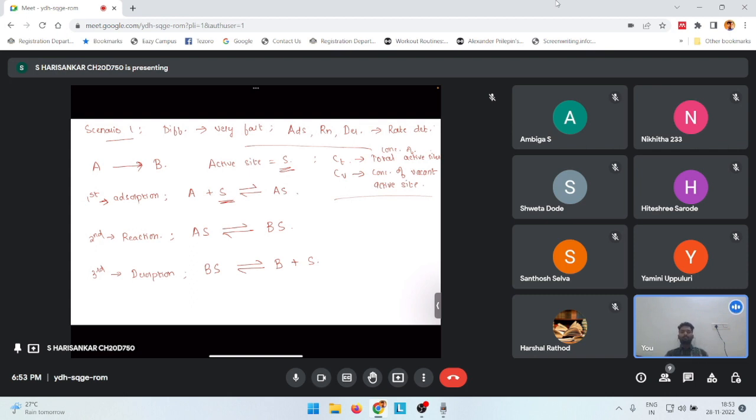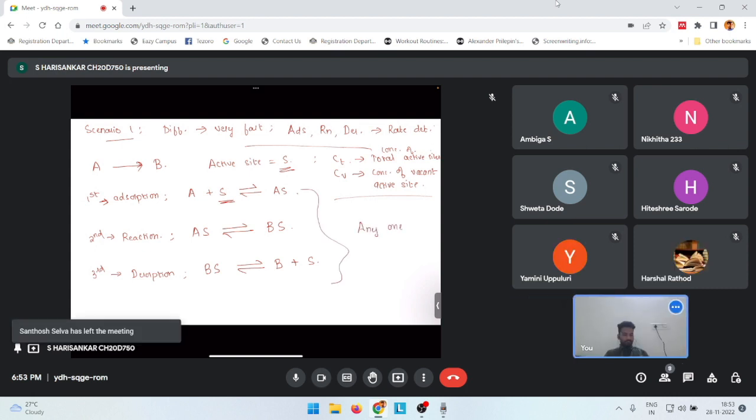That is scenario 1: adsorption, reaction, and desorption. And any one of these can be rate determining.